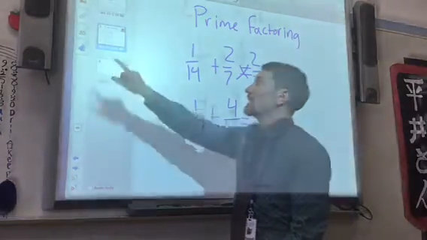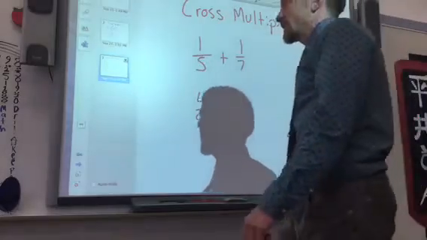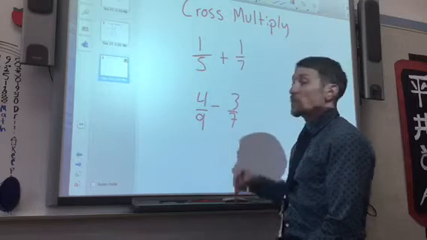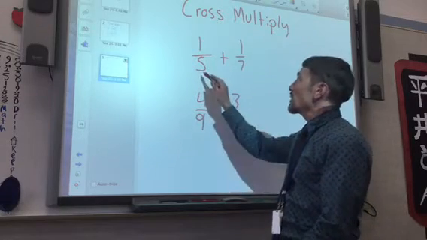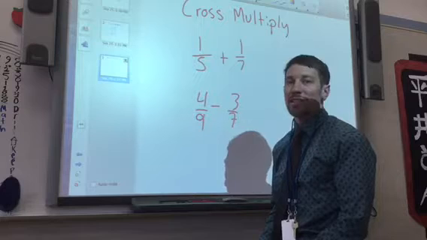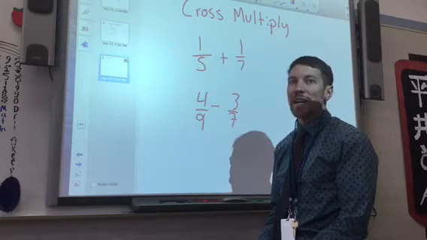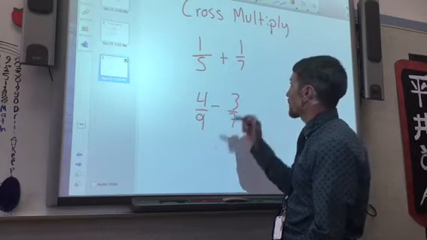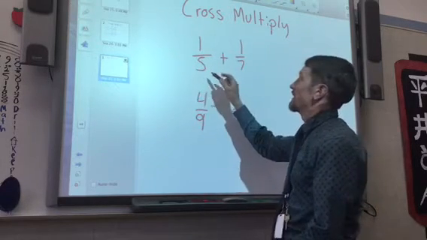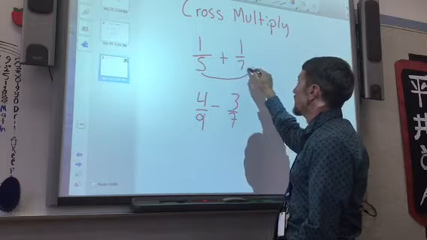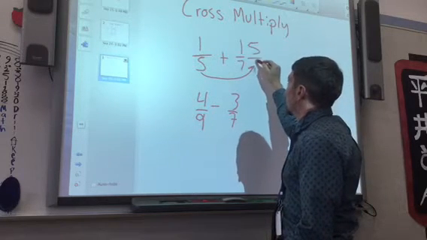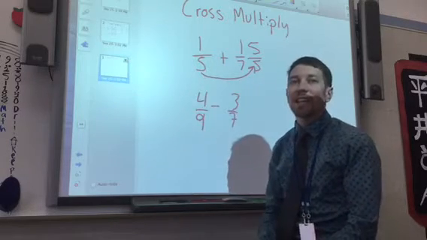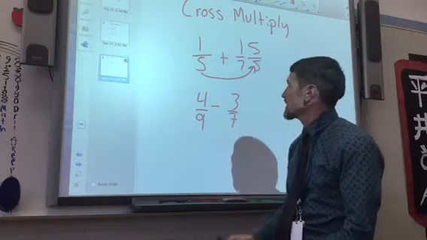Another method for finding common denominators is to cross multiply. I have two examples here, one with addition and one with subtraction. Since 5 won't go into 7, 7 won't go into 5, and I can't think of easily a factor that both will fit into, I'm just going to cross multiply to save time. So I'll take the 5 over here. If I multiply these two together, I can get a common denominator, and I'll show you how that works.